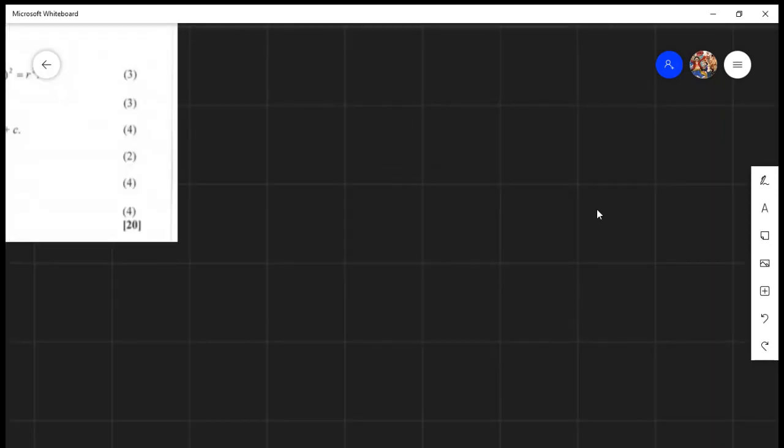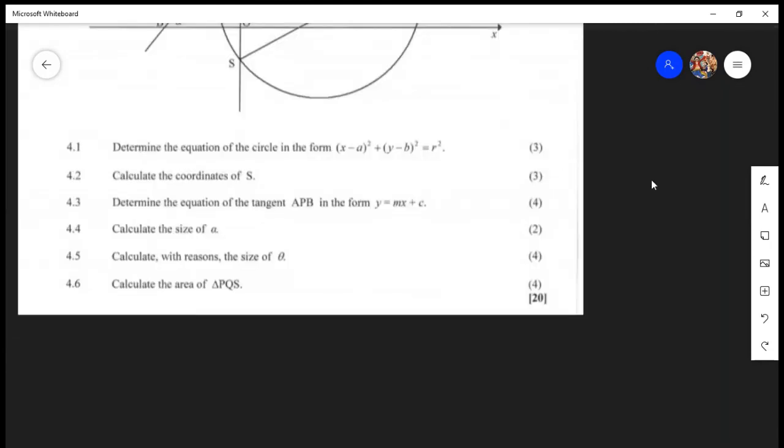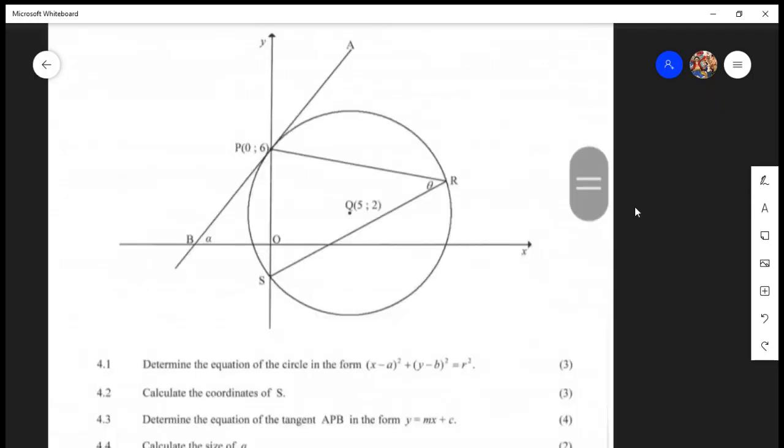So everyone see the question? Is everyone able to see the question? Okay, so calculate the area of triangle PQS. PQS was that triangle that I highlighted in red before, right? So PQS.